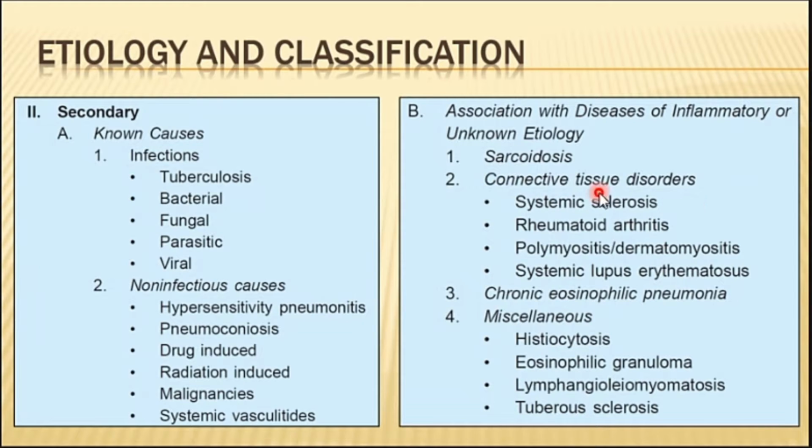Other connective tissue disorders such as systemic sclerosis, rheumatoid arthritis, PM/DM, SLE, chronic eosinophilic pneumonia. Again, chronic eosinophilic pneumonia has multiple causes by itself. Then miscellaneous causes can be histiocytosis, eosinophilic granuloma, lymphangioleiomyomatosis or LAM, tuberous sclerosis, which may present with LAM or maybe by itself.